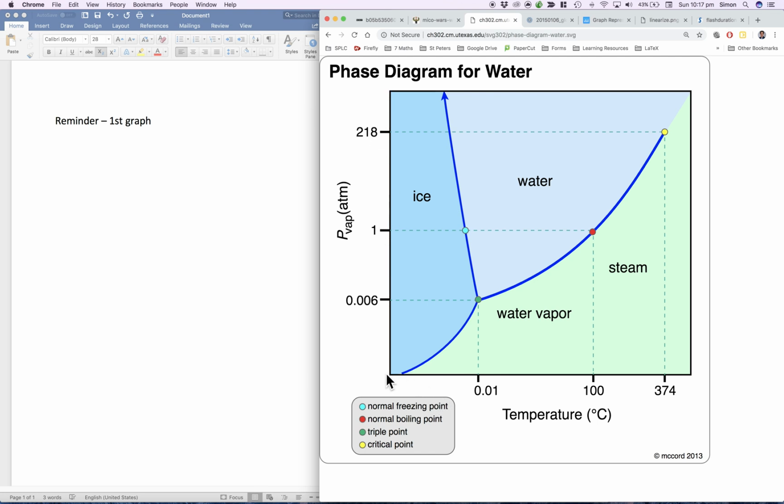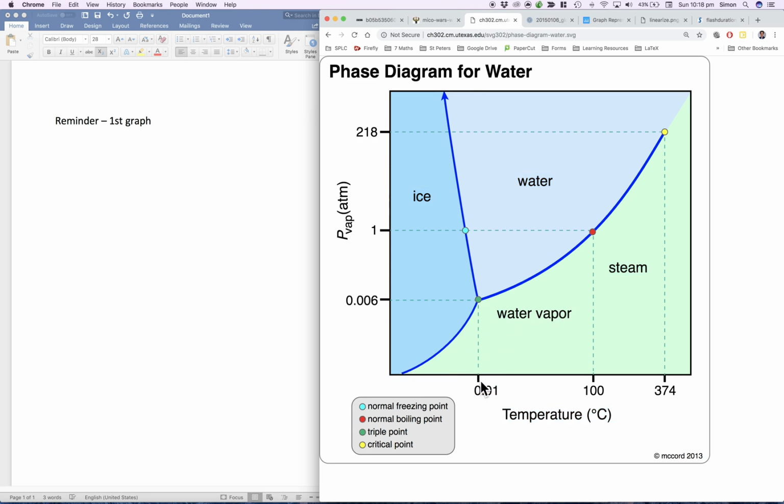Between 0 and 0.01 degrees Celsius, water exists in the steam phase. Is that true? Steam. No, water vapor.